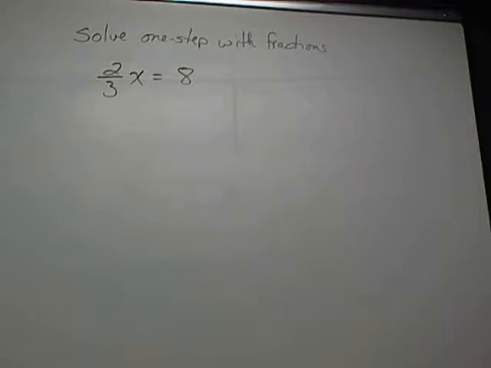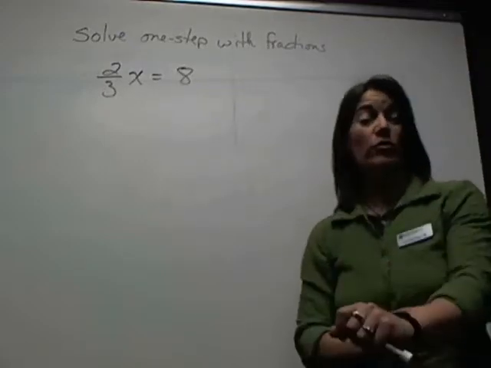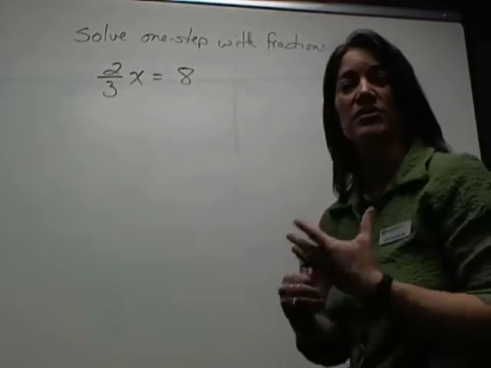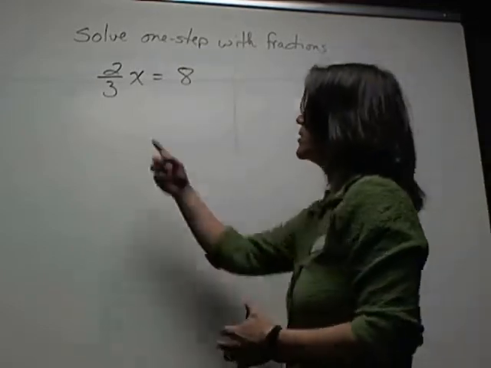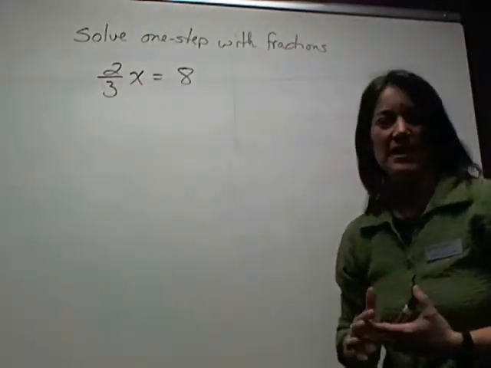The last thing that's introduced in this chapter is solving one-step equations now that we understand fractions a little bit. Now we're only multiplying and dividing fractions, so that's the only type of step that you will see in this week's problems. Here we have 2/3 times x is equal to 8.